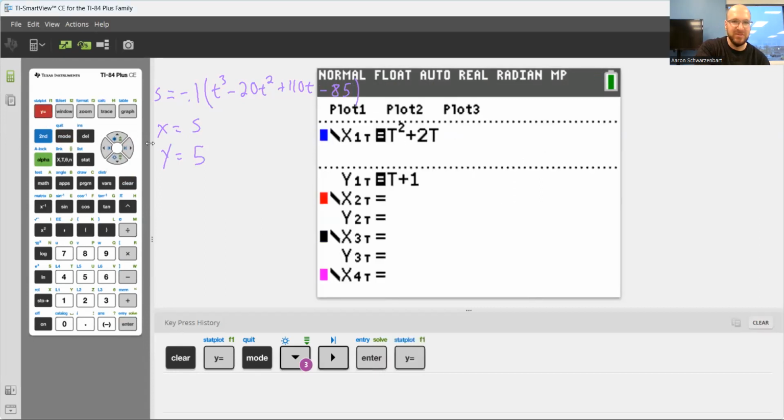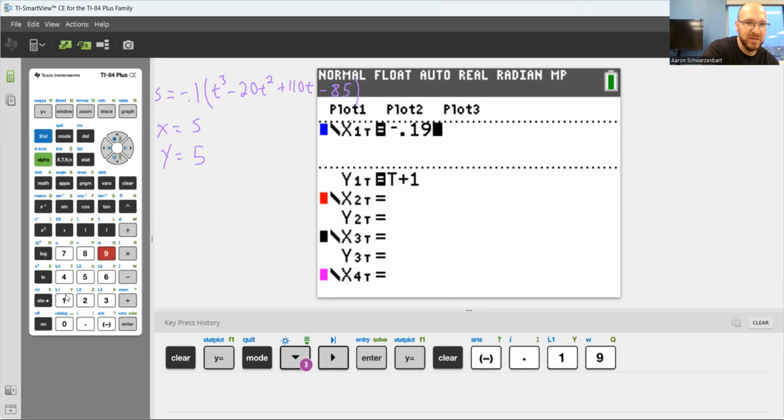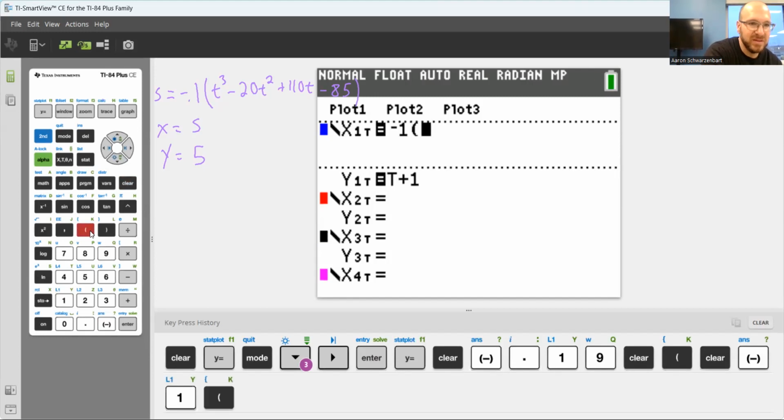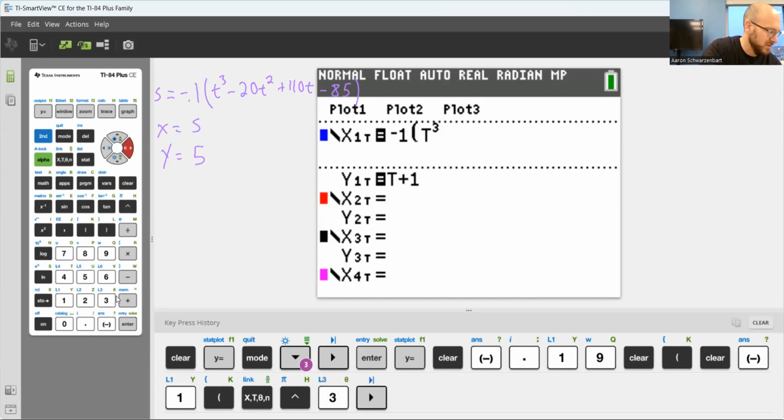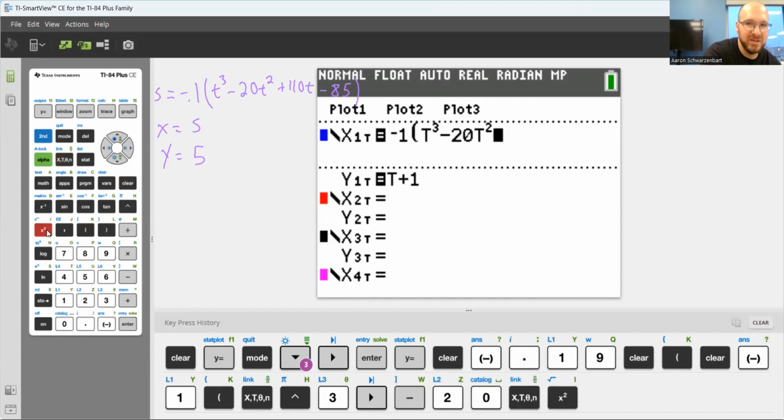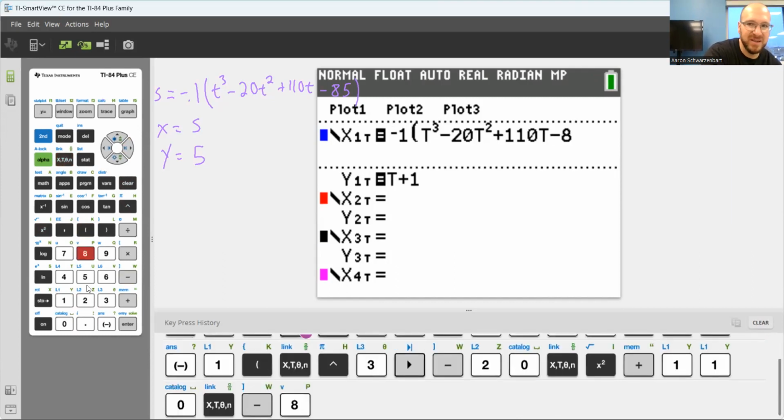Now when I go to y equals, clear, I get negative 0.1 t to the third minus 20 t squared plus 110 t minus 85.